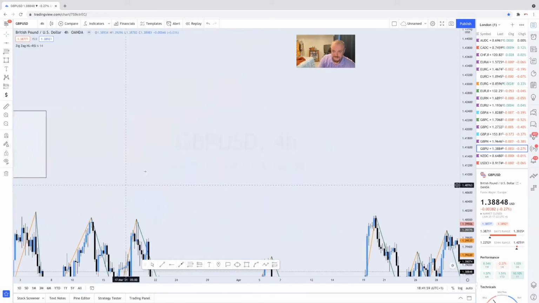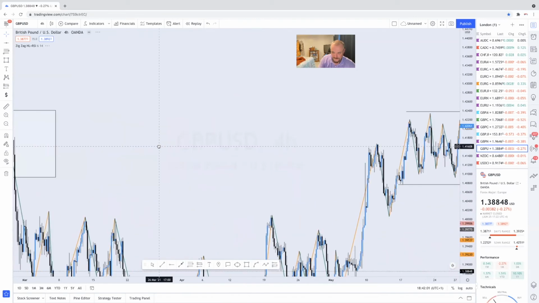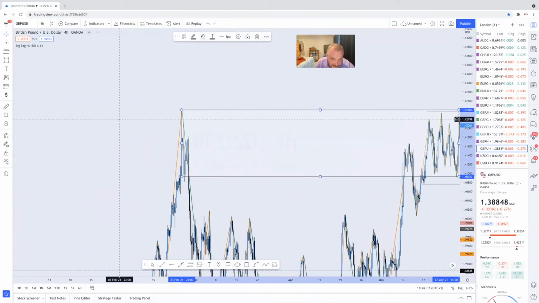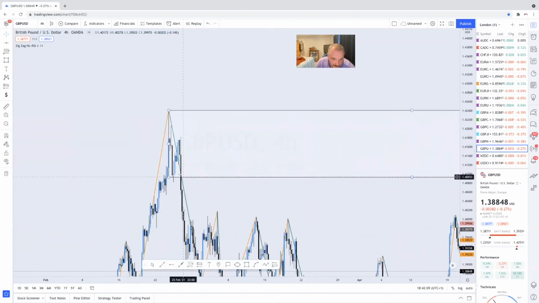What you've got here, scratch that out, is a candle with its own support and resistance area. It's one block. The parameters are the same between that concept and a swing point.